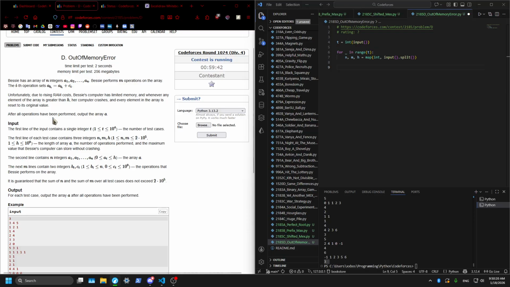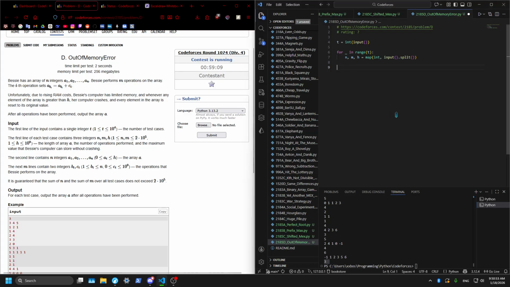But, okay. Length of array A. Okay. N is the length of the array A, M is the number of operations performed, H the maximum value it can store without crashing.